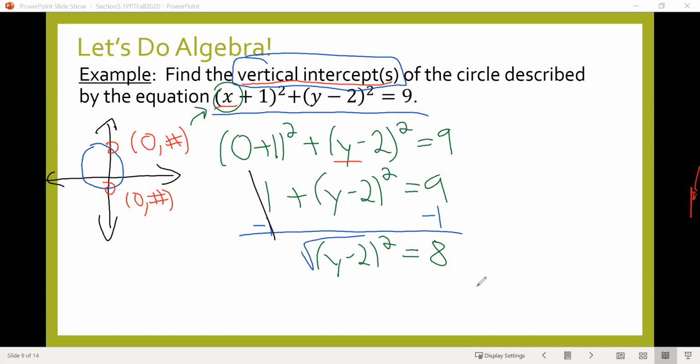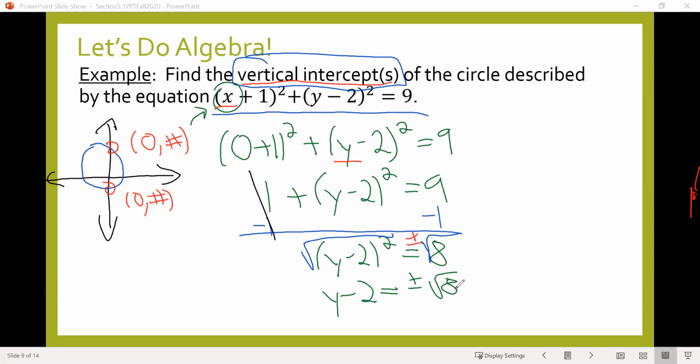Take a square root on both sides, and recall that when we are solving and we take a square root, we always get 2 answers, which we show with a plus or minus. So this would become then on the left-hand side there, the squared and the square root will cancel out, so we'll just have y − 2 equals the plus or minus square root of 8, which for those of you with experience with radicals, I know we could simplify that root 8.